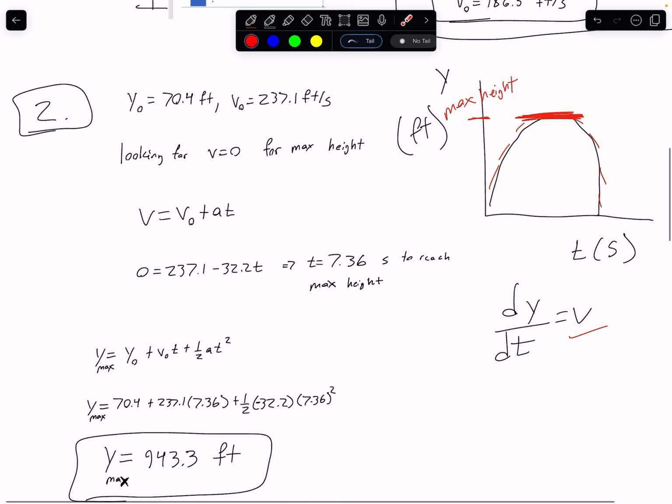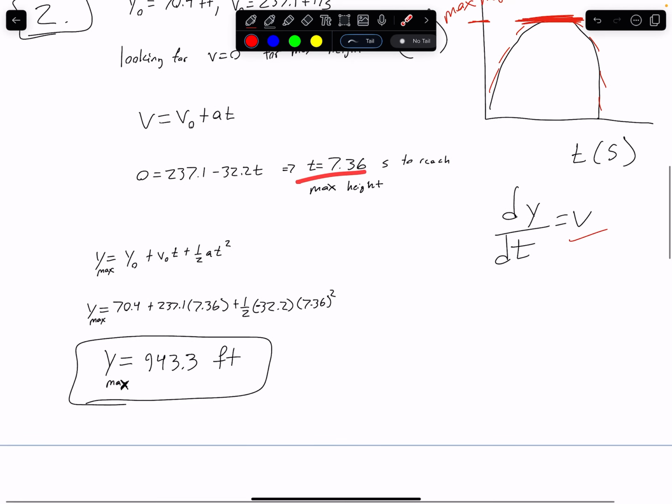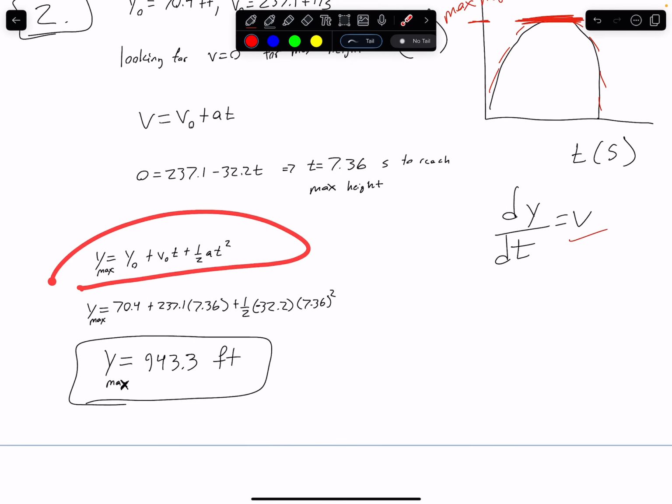Now that we have the time it takes, we can use the same equation as before: y equals initial y plus initial velocity times time plus 1/2 acceleration times time squared.